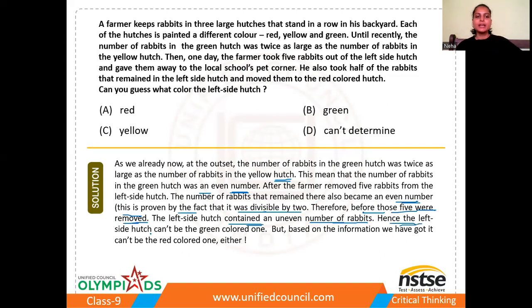Hence, the left side hutch can't be the green one, because that is already an even number. So this can't be green. But based on the information we have got, it can't be the red one either, right? So basically, this cannot be green, but this can be the yellow one or the red one, correct?